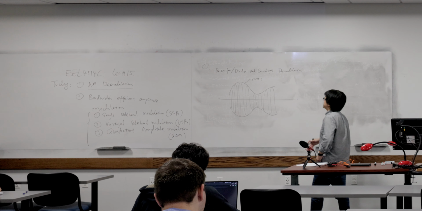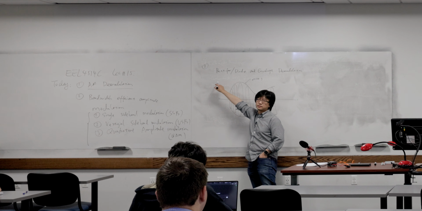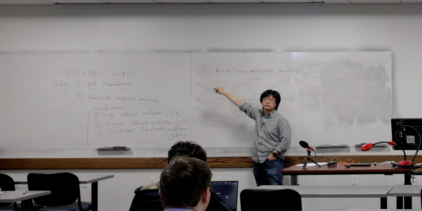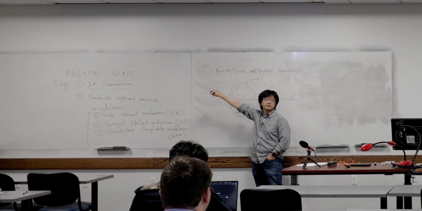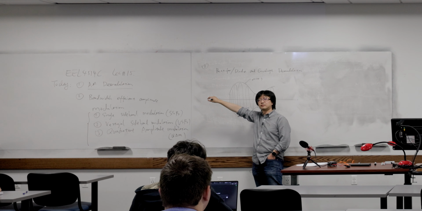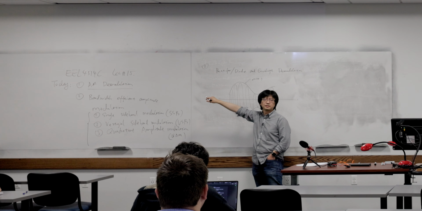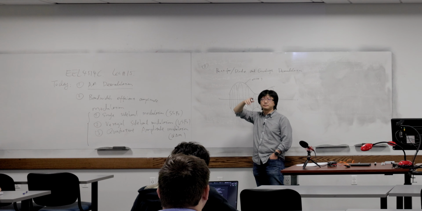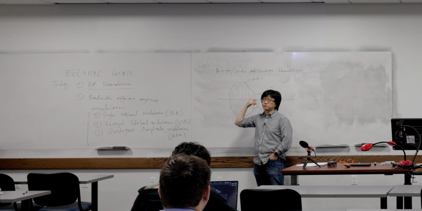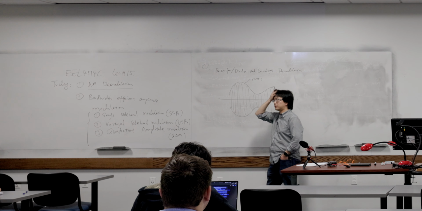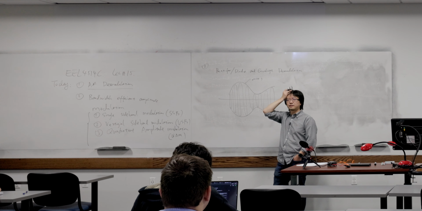There are a few steps. The first step is called rectifier. What does this word mean? Actually, I don't know what this word means. I think it has something to do with rectangle.